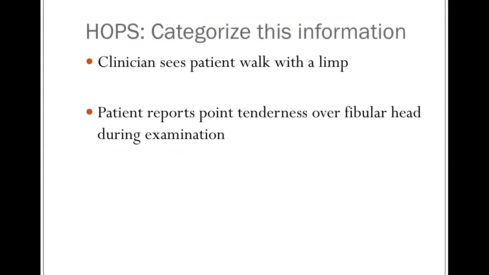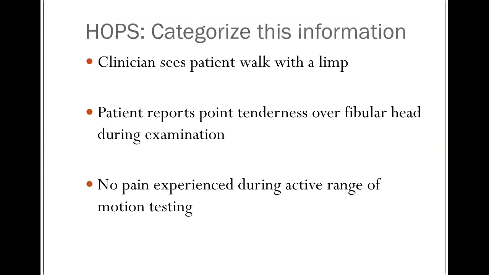So at this point, we are palpating them in order to induce that point tenderness. Point tenderness is when you touch it in one particular area and it hurts, but it doesn't next to it. So this is our palpation. Then we have a patient where no pain is experienced during active range of motion testing. As it would imply, this is our specialized testing.